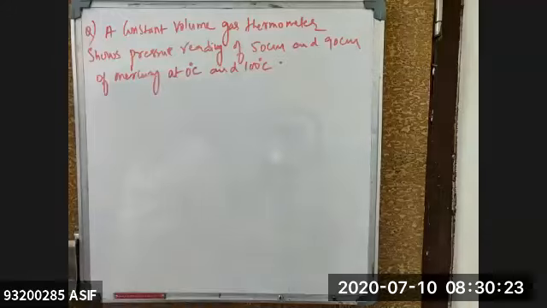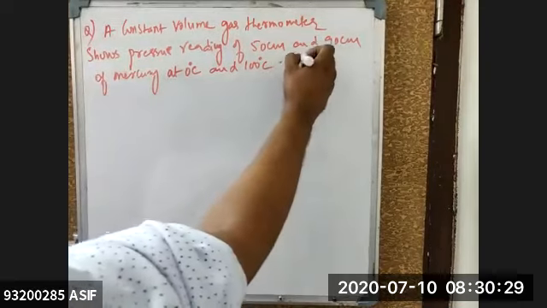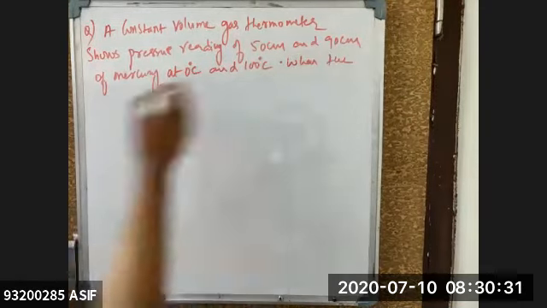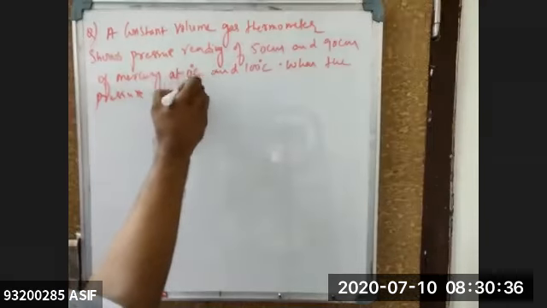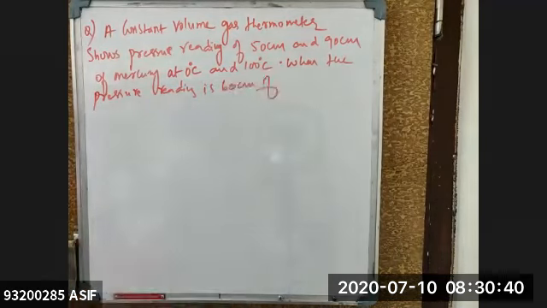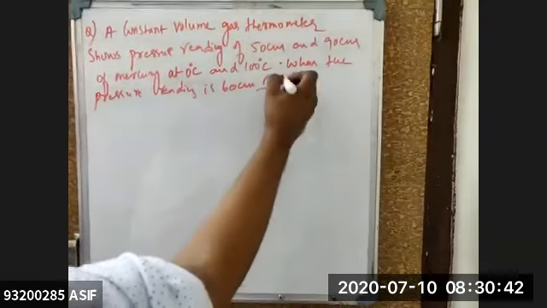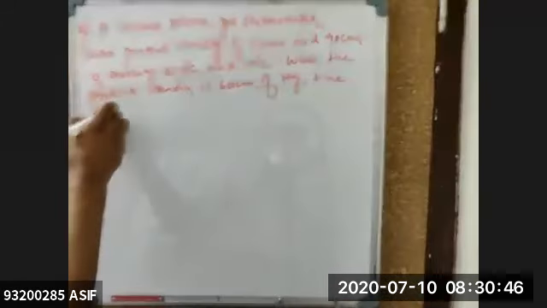First of all, when the pressure reading is 60 centimeter of mercury, what will be the temperature? Mercury is represented by Hg.